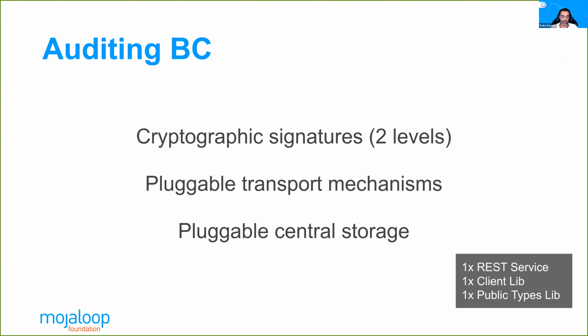What happens when an application using the audit client audits an entry is that, in that first moment, that client is going to create a cryptographic signature of the audit entry. And it's going to send the audit entry to the service along with that signature and the ID of the certificate that was used to sign.